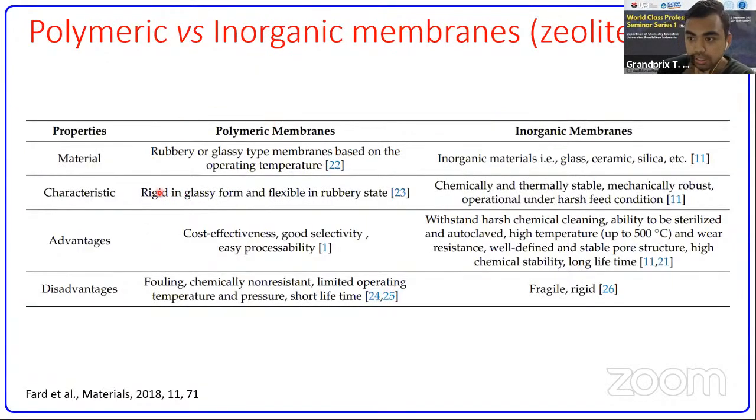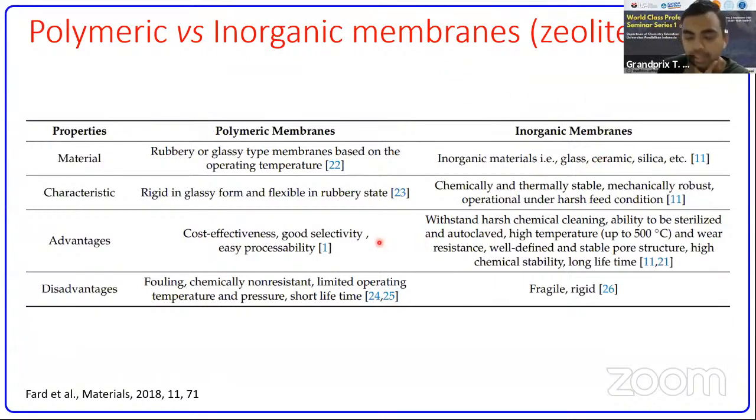So we can see here, this is the comparison between the polymeric and inorganic membranes. The polymeric membranes have their advantages and disadvantages, and the same cases also appear in the inorganic membranes.